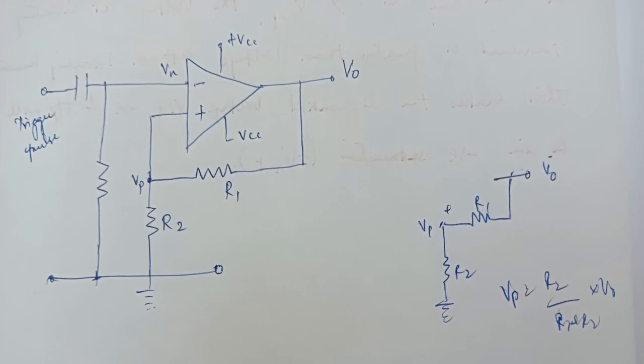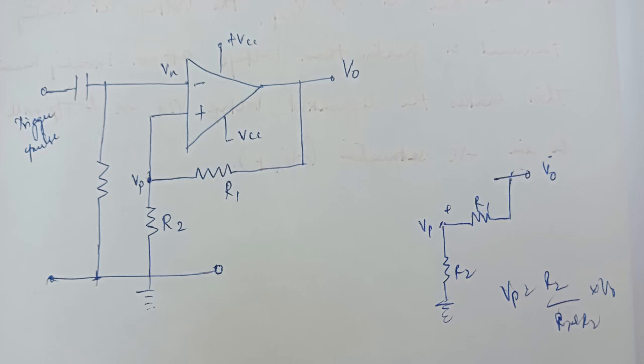Here you could see from the figure that our input is given in the inverting terminal, that is the minus region, and in the non-inverting terminal we are having our feedback. So from the output voltage through R1 we are taking feedback voltage, and here we are providing the voltage divider biasing, that is R1 and R2.